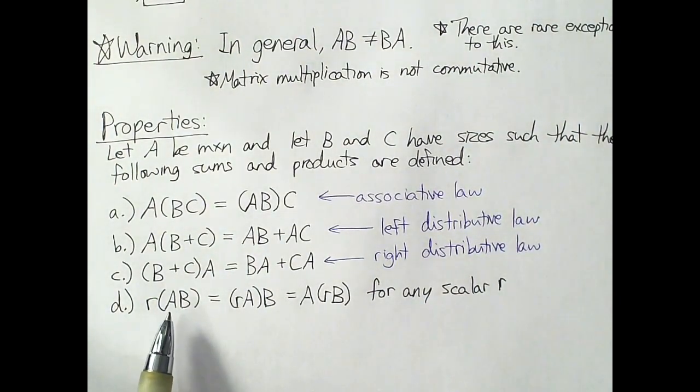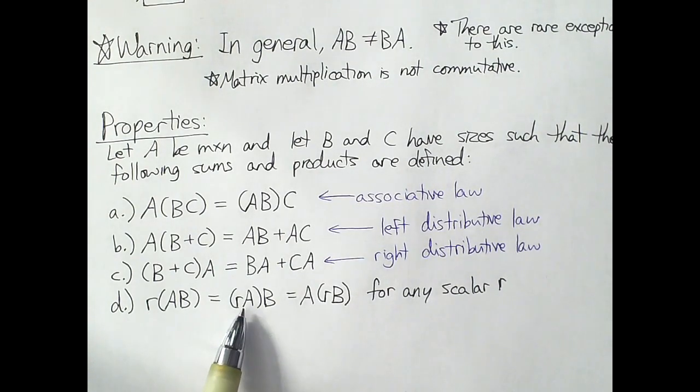In the first way we wrote it, it's suggesting that you do the part in parentheses first, right? So you do the matrix multiplication first and then multiply by the scalar. In the second way, it's saying do the part in parentheses first, so multiply the scalar times the first matrix, then multiply matrices.